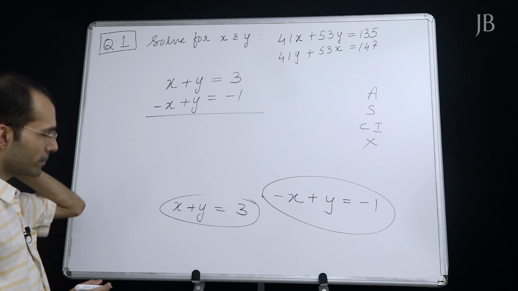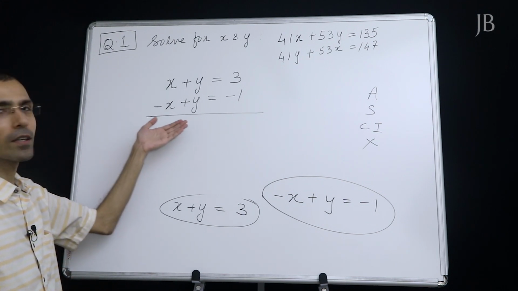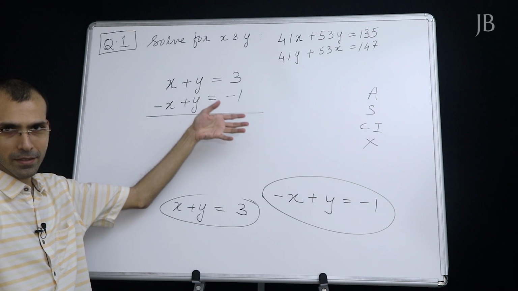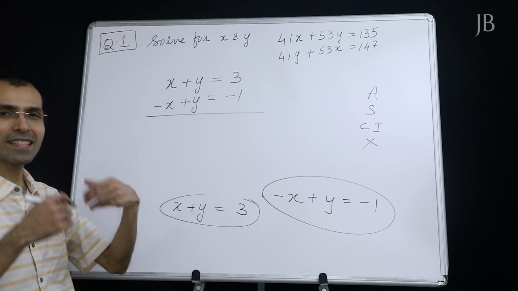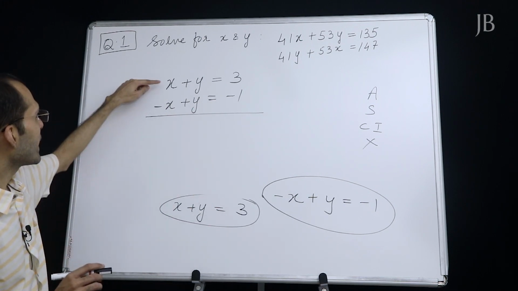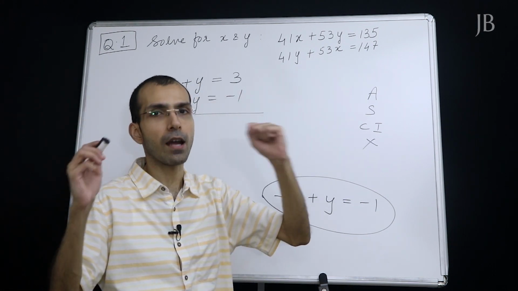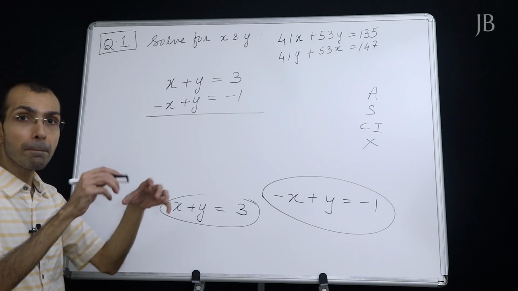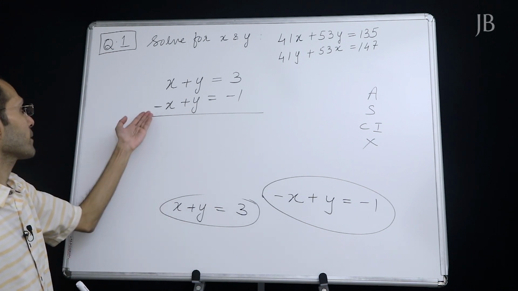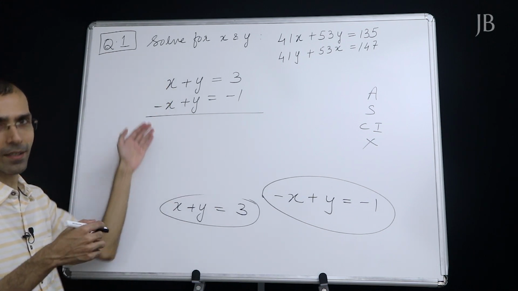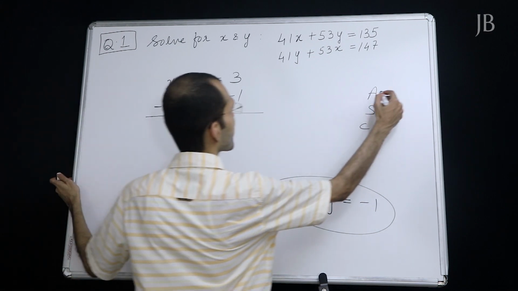What will work here? Addition will work here because if I add both the equations, one variable gets eliminated. x plus minus x. This was already minus x, so it will go away. So addition will work here.